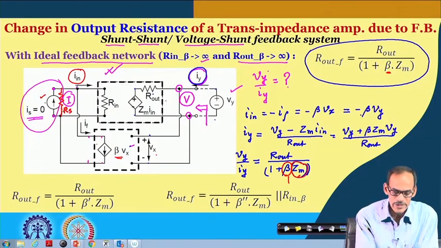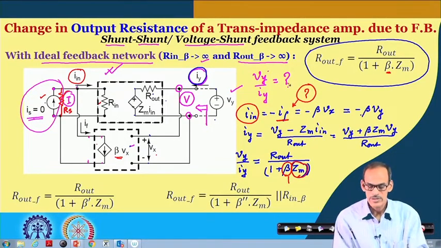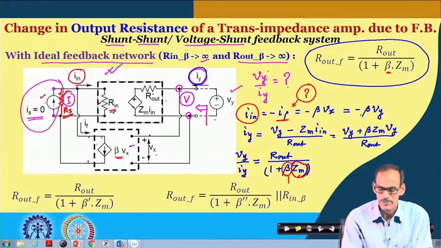Part of this current comes through this circuit, and the remaining part comes through this circuit. So, I in is not entirely I f, we need to multiply by some fraction, and that fraction is created by R s and R in.